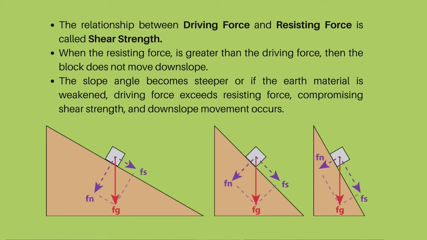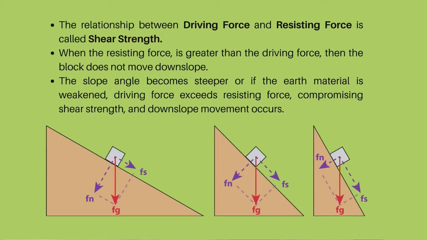The relationship between driving force and resisting force is called shear strength. When the resisting force is greater than the driving force, the block does not move downslope. However, if the slope angle becomes steeper or if the earth material is weakened, driving force exceeds resisting force, compromising shear strength, and downslope movement occurs.